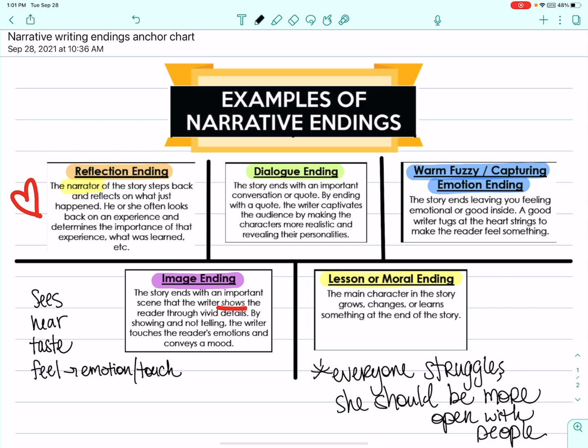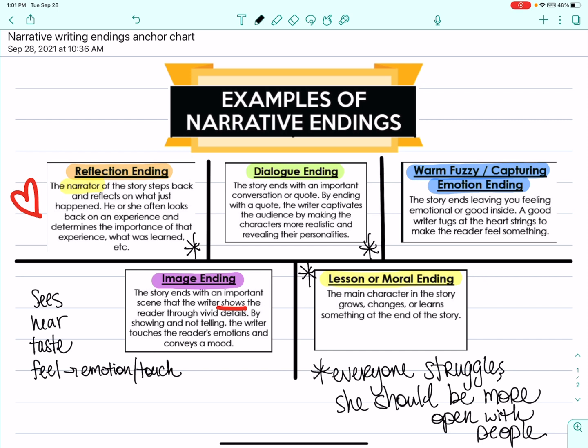Now, you can actually put some of these endings together. So you could easily do a lesson and maybe a dialogue where your character can be talking with someone about the lesson that they learned. The lesson as well as the reflection ending, they go together.